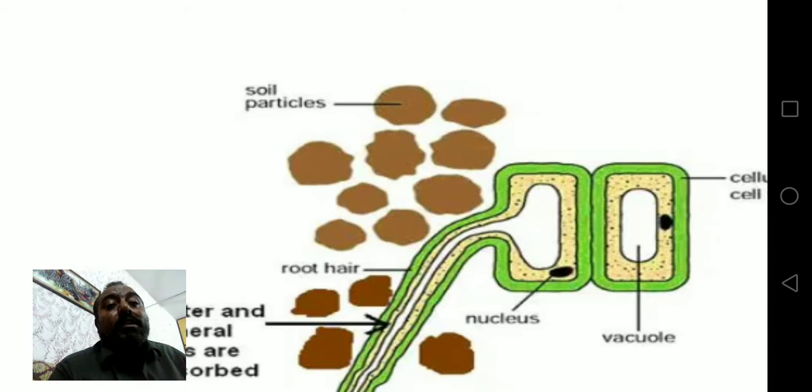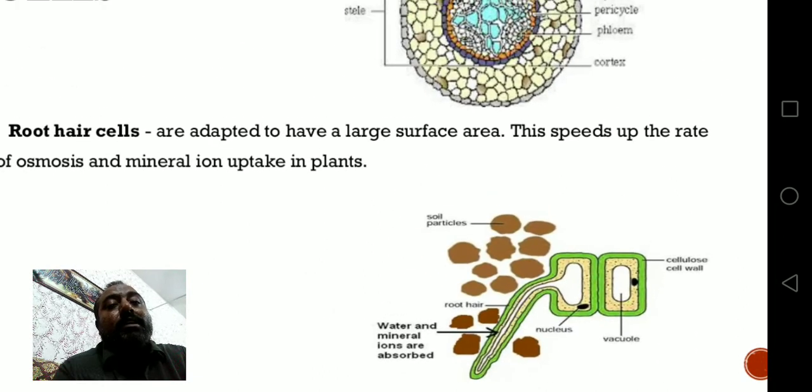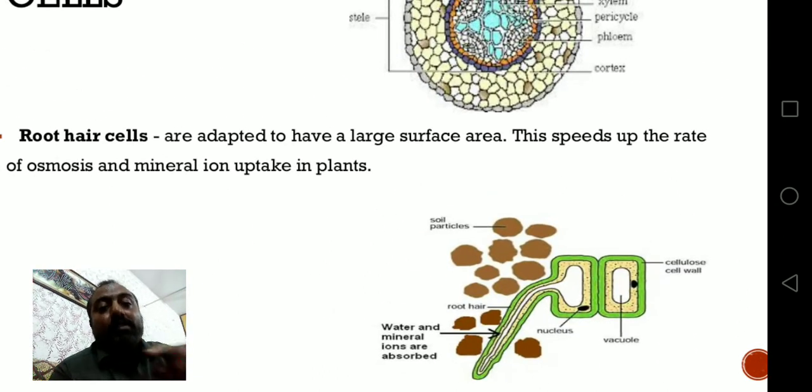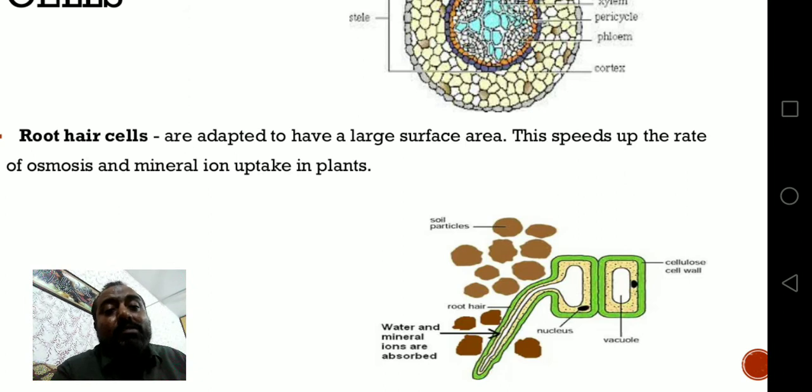So the refined statement would be that root hairs increase surface area of roots for better absorption of water and minerals. I repeat, root hairs increase surface area of roots for better absorption of water and minerals.